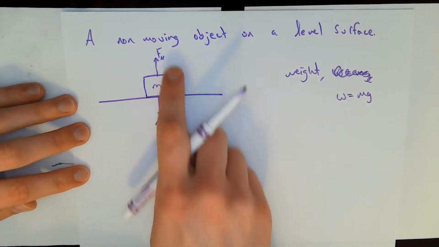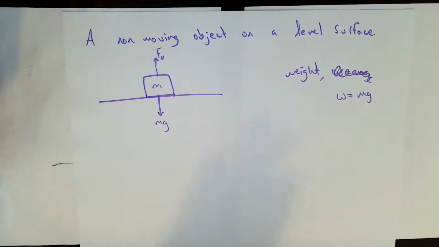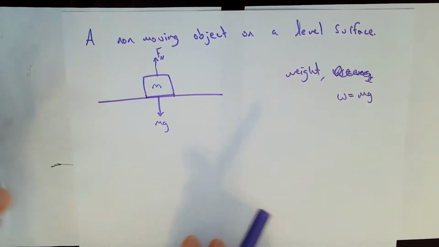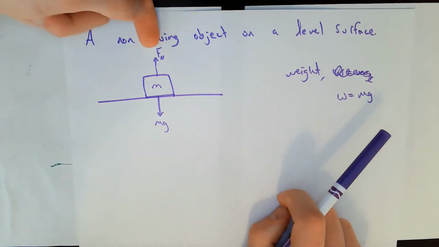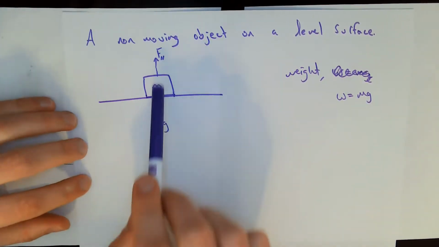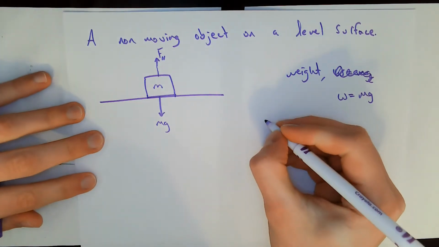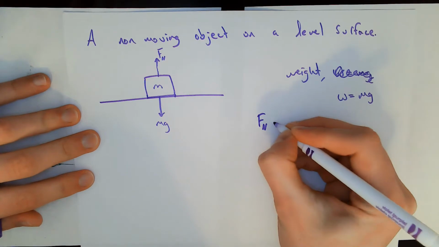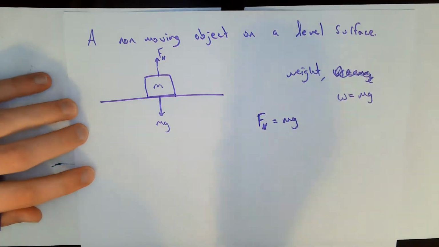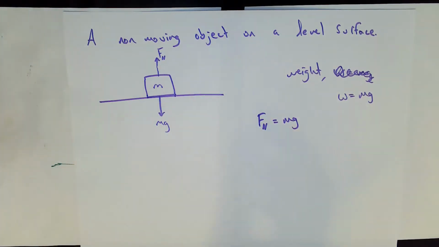They're opposite directions. And in this case, where there's no extra force pushing up on the thing or pushing down, these two forces would be equal in magnitude but opposite in direction. So we have this relationship that F sub N is equal to mg, just for an object on a level surface.